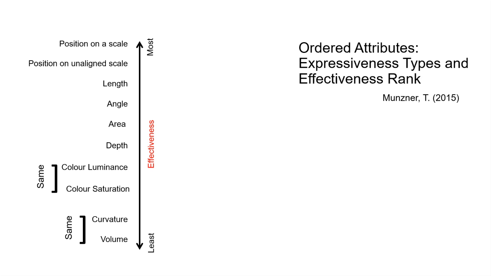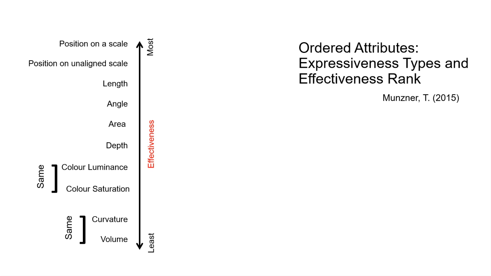Position on a common scale is the most effective channel for allowing the viewer to accurately ascertain a value and judge that value relative to others. Color saturation is less well suited to this task. However, it may serve to help the viewer make more general estimates of value.